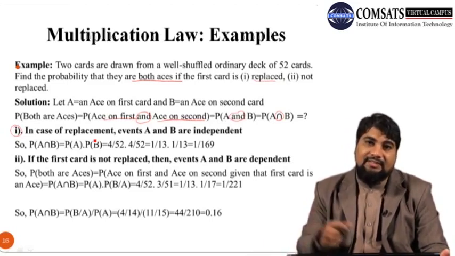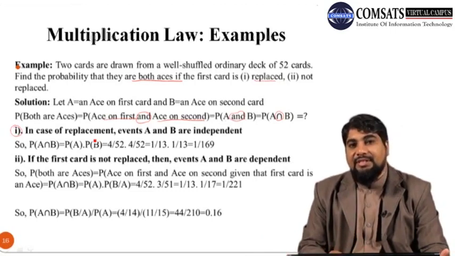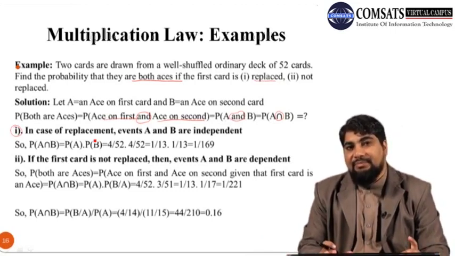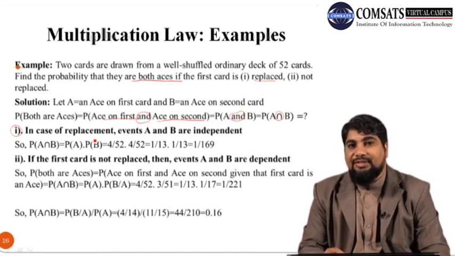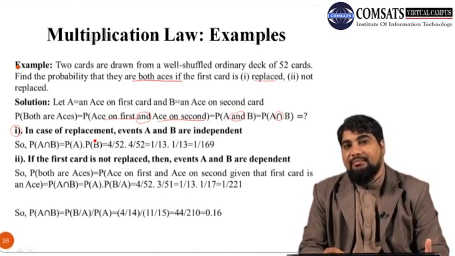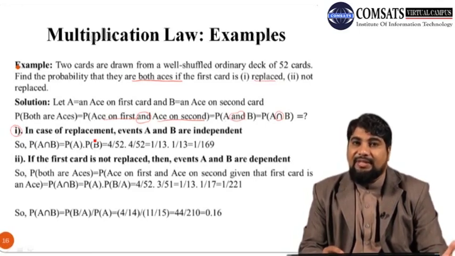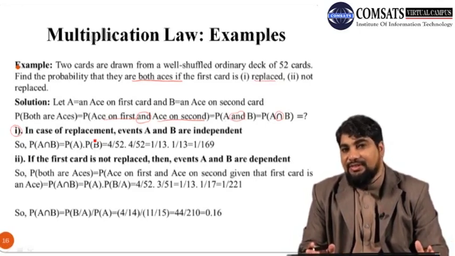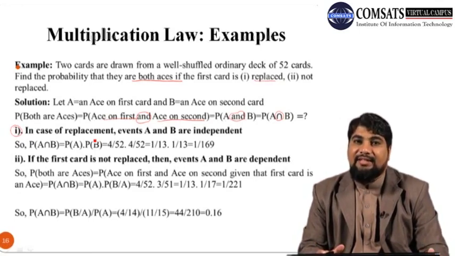But since this card is replaced, we have the same 52 sample points. So if the second card is drawn again from these sample points, its probability will not be affected by the first drawn card. That's why the occurrence of the first ace has no impact on the occurrence of the second ace.